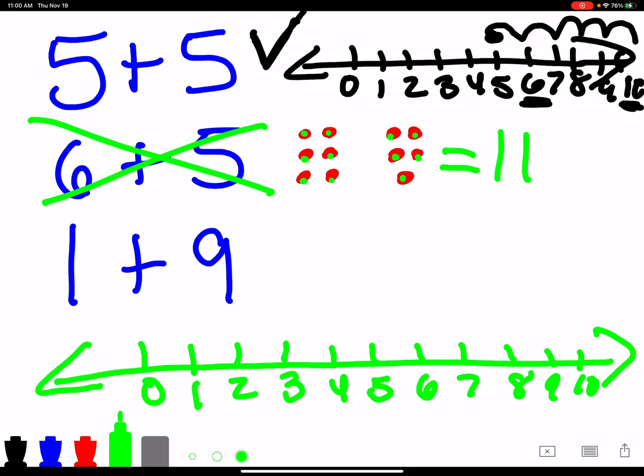So we're going to put our little dot on 9, the bigger addend, because it's less work for us to do. And we have to go up 1 time, further away from 0, because we're doing addition. So we go up 1 and look, we landed on 10. So this problem would work because 1 plus 9 is equal to 10.